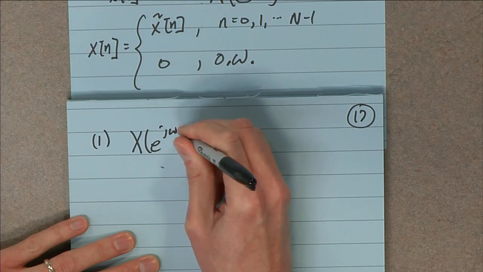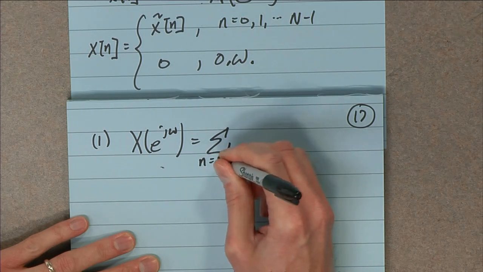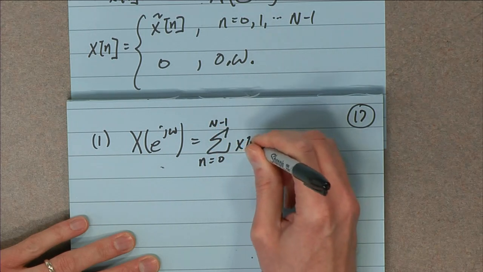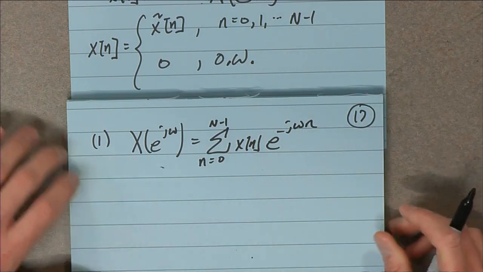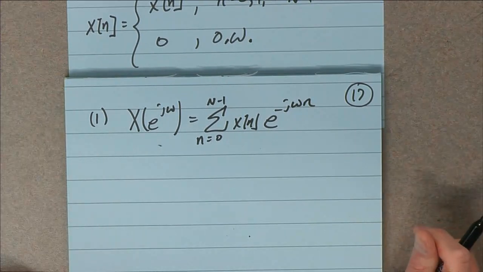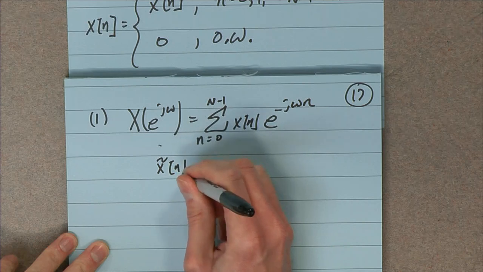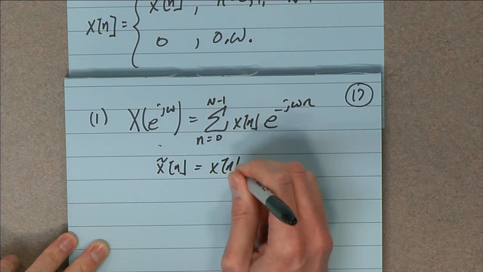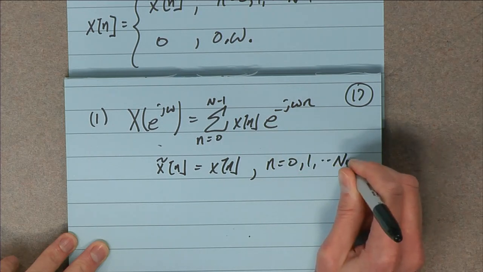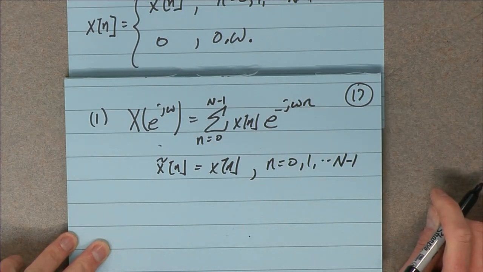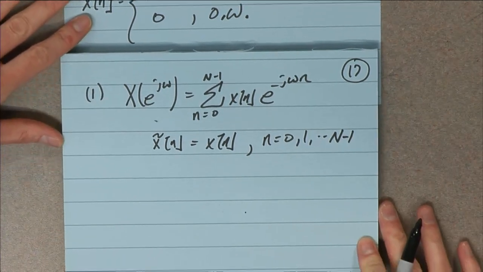So to get started, we already know the formula for the discrete time Fourier transform. So that's the sum, n equals 0 to N minus 1, of x of n times e to the minus j omega n. So we've got the Fourier transform. And we also know that x tilde of n actually does equal x of n, with the fine print: between 0 and N minus 1, it's the same, because x of n we know is not periodic.